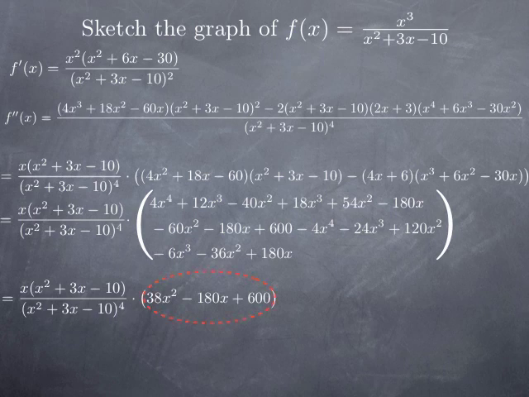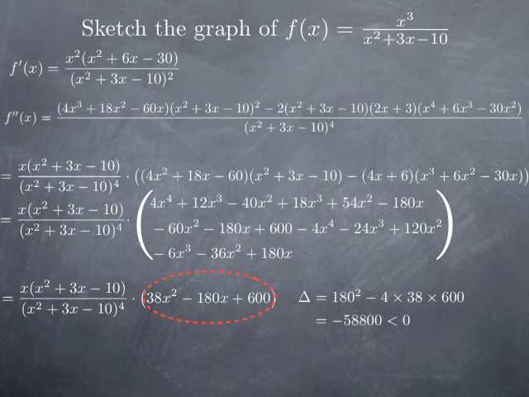Now what is the sign of this 30x squared minus 180x plus 600? Well, fortunately it does not change sign, because if you calculate the discriminant for this quadratic function, in other words, what you would put inside the square root in the quadratic formula, we obtain a negative number, specifically negative 58,800.